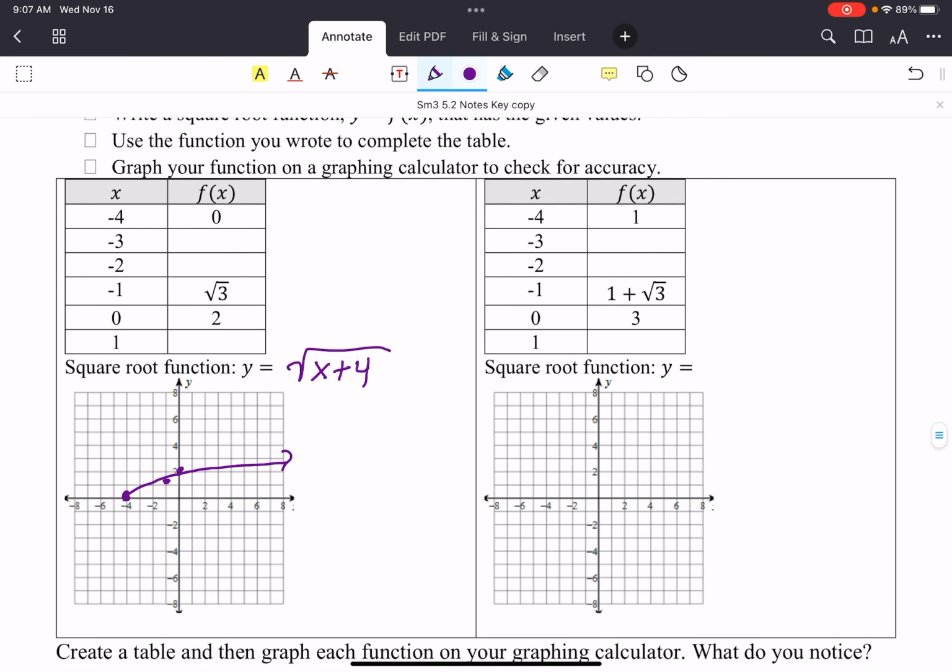Anyone have any ideas what would happen here? How do we get from the -4 to the +1? No, this is still a square root. Plus 5. Okay, if I put in +5, will that work for the 1 plus the square root of 3?